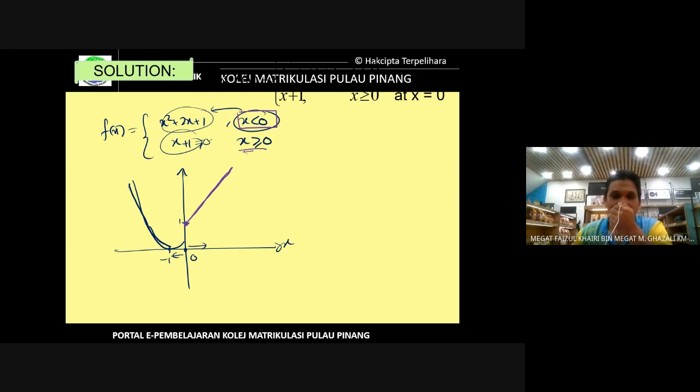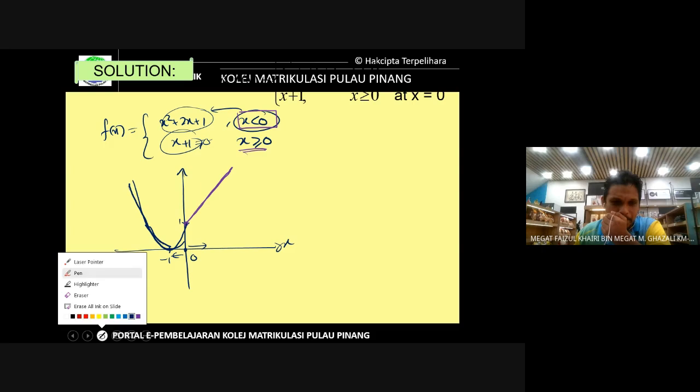And for x greater than 0, x plus 1 equal to 1 to positive infinity. Which I think the graph of this, class, when x equal to 0, I make a mistake here, sorry. It's supposedly something like this. It continues. Okay. So this is a graph.